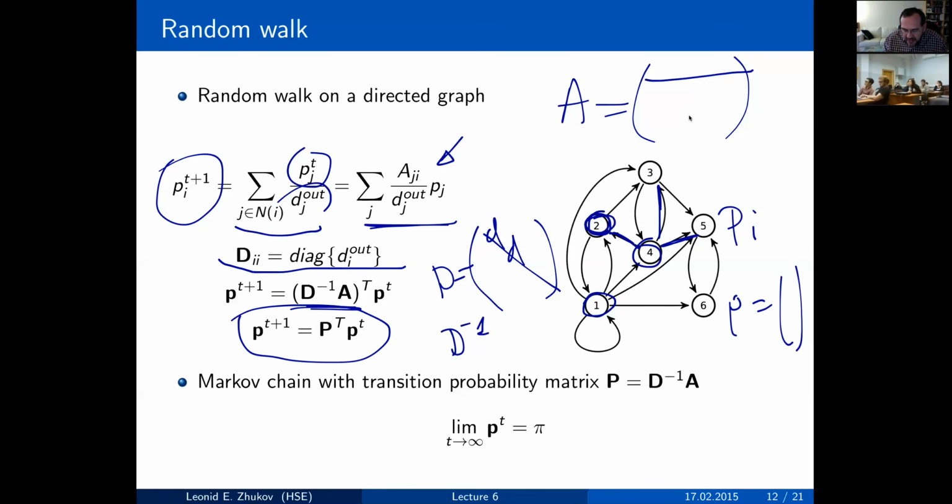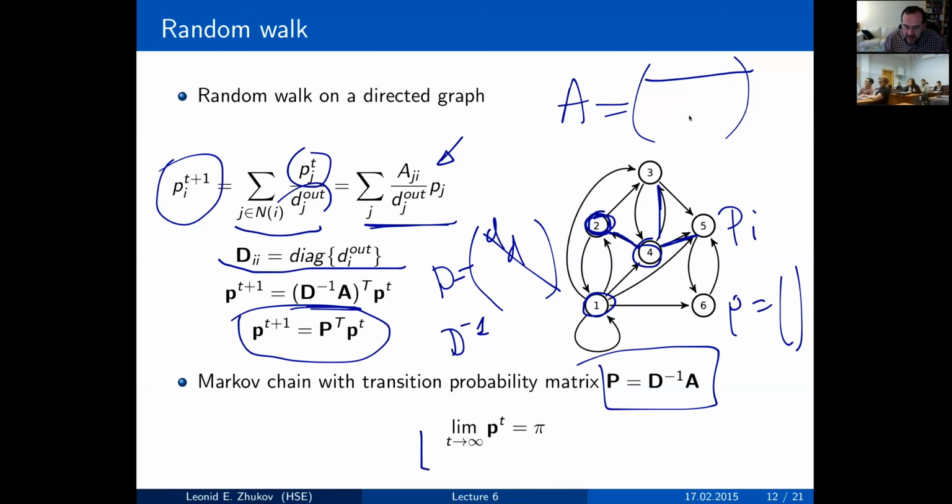Well, in fact, this matrix is called a transition matrix, a Markov chain transition matrix. And in the theory of Markov chains, it's been shown that there exists a limit under certain conditions, and we'll look at those conditions in a second.